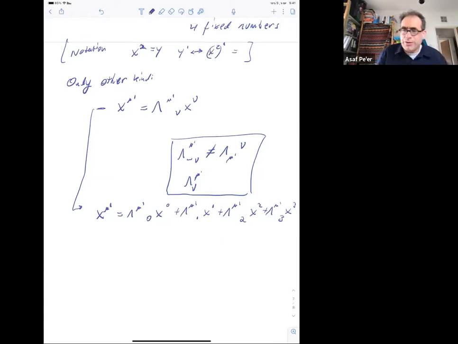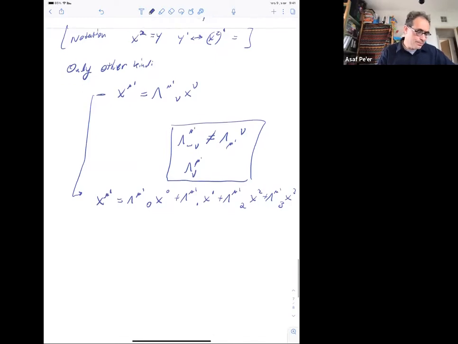Now, lambda is a general 4x4 matrix. But it's not general, because it has to fulfill a certain condition, which is to conserve the interval. So what conditions should the matrix lambda fulfill in order for it to be a legitimate Lorentz transformation?